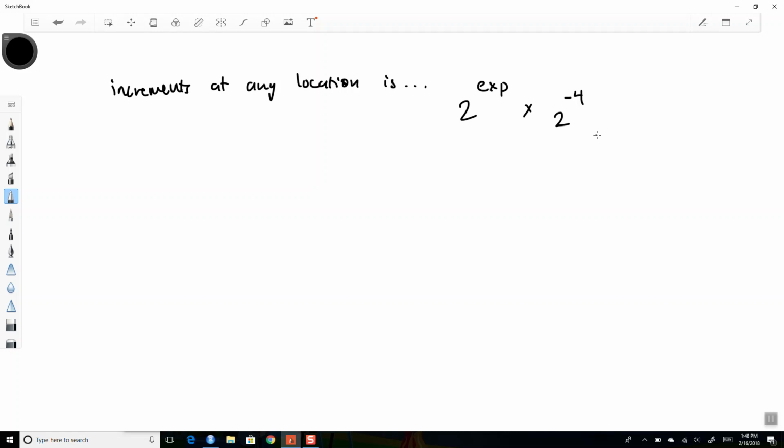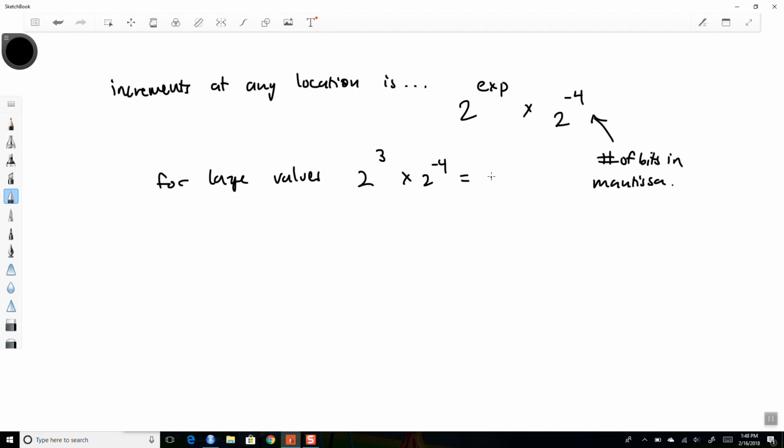This is the number of bits in the mantissa, right? So for large values, we had 2 to the 3 times 2 to the -4. This ended up being 1/2, right?